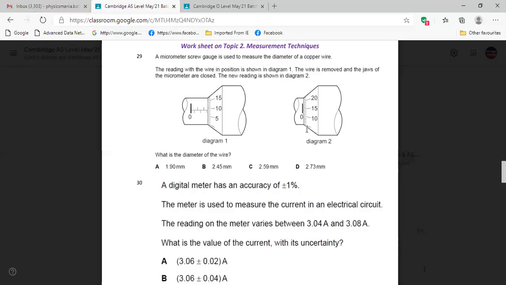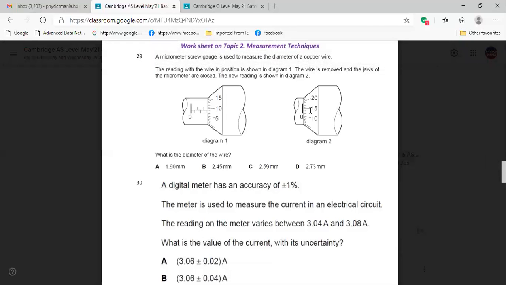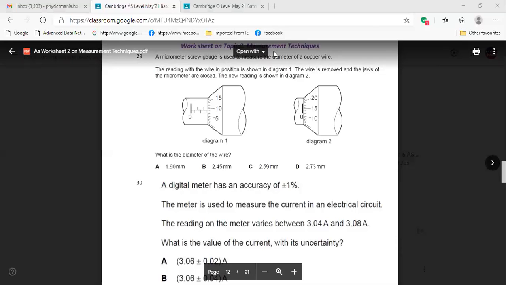You see from here 5 to 10, right? So we have here 5, 6, 7, 8, 9, right? Yes, sir. 9. And here in the middle we have how much? 15, right? Yes, sir. 15.